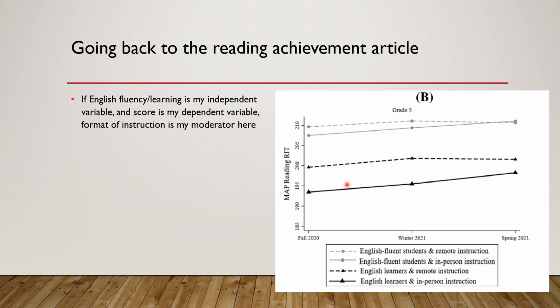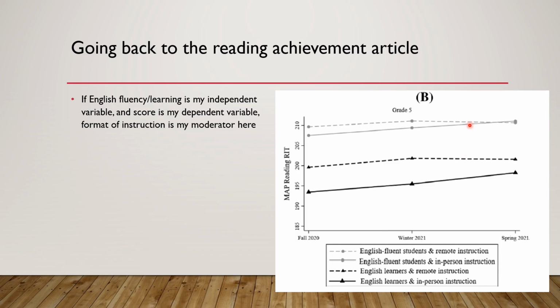Then I would say that format of instruction is probably my moderator, because based on the crisscross I see here, the crisscross isn't happening based on color. The colors are actually pretty separate, so language status isn't doing any interaction with itself. But where I do see the crisscross of these lines is between the dotted and the solid line.